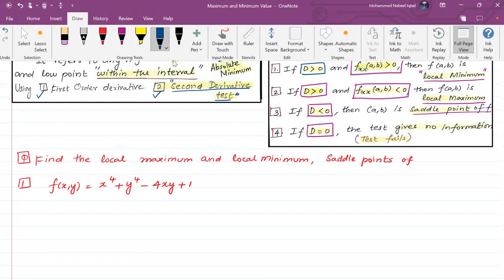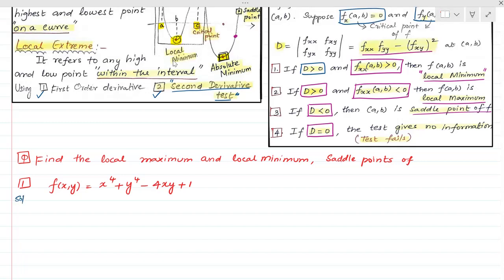So first problem, I will calculate the first one. First of all, we have to calculate the critical points. So what are the critical points here? fx is given by 4x power 3 minus 4y, equal to 0. And fy is 4y power 3 minus 4x, equal to 0.